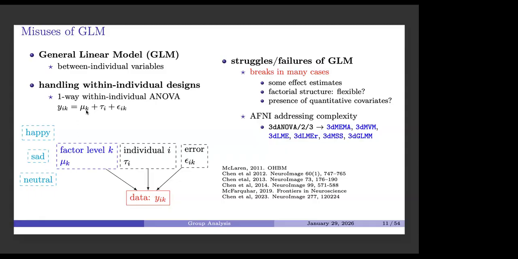However, if we focus on one particular emotion task, the problem is that once we focus on one, K is fixed. Suppose K equals 1. Look at the model. If K is 1, then the so-called random effects and the residual collapse. You will not be able to identify them because they're identical.